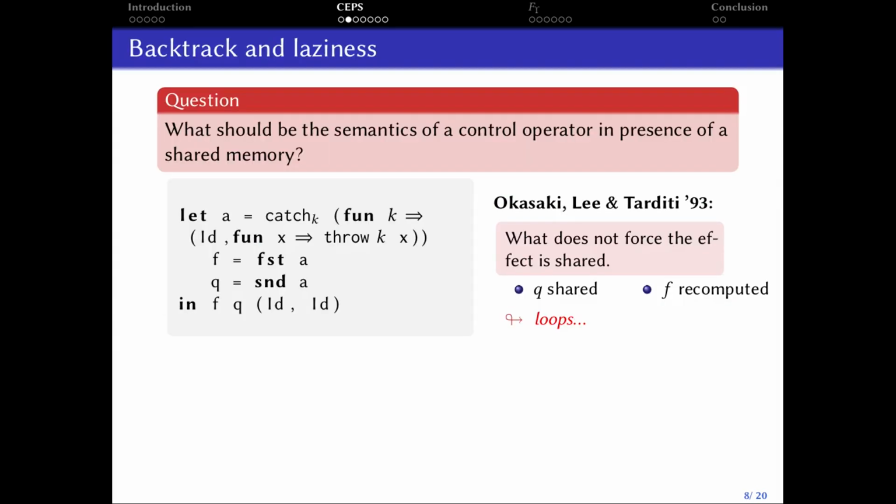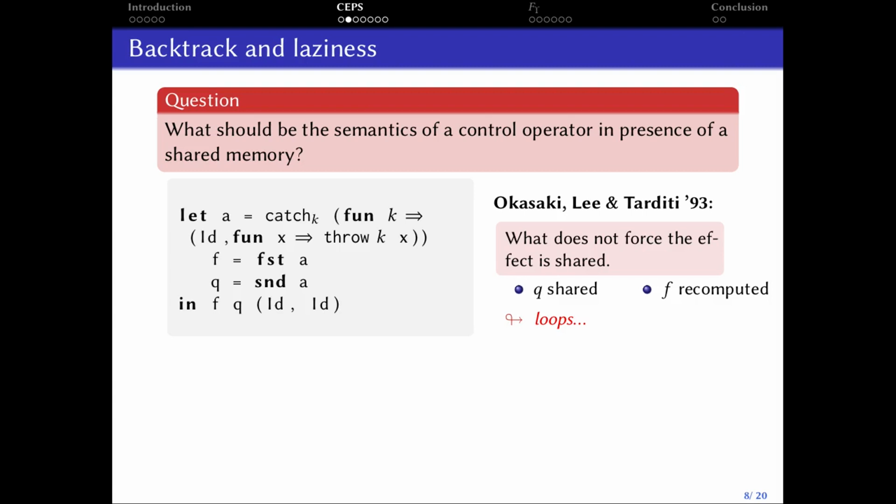Actually, the very first question to answer is to understand how to define a correct operational semantics of a calculus with control operators and shared memory. Indeed, to define a CPS translation is usually equivalent to defining the operational semantics of a calculus with control operators. And this question is actually very hard, and it was already tackled in 93 by Okazaki, Lee, and Arditi.